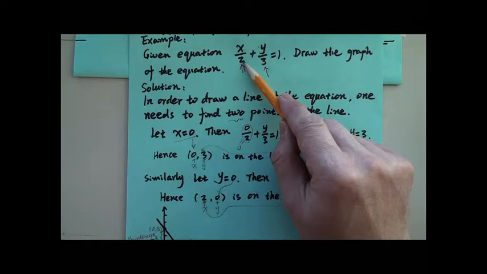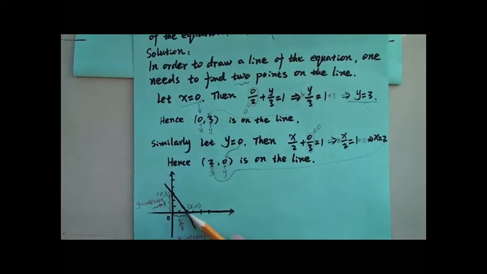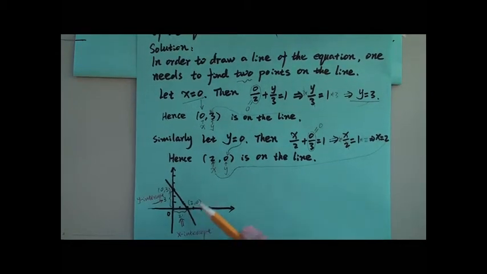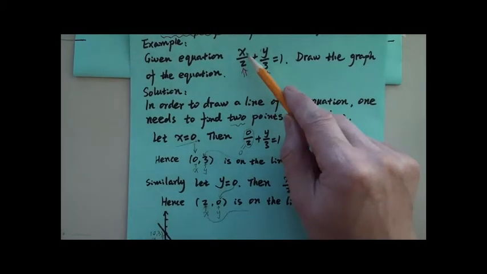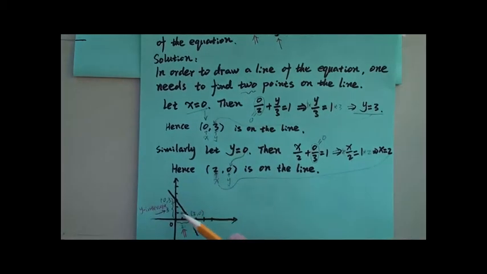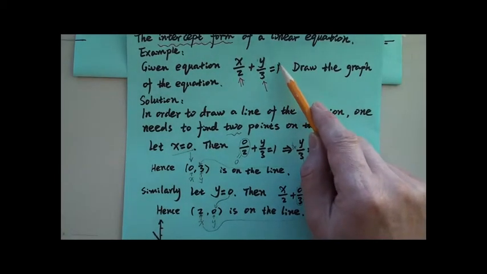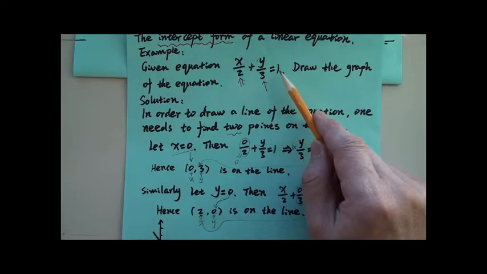This 2 you just need to mark on the x-axis. So this will be the x-intercept from here, and this 3 for y is from here. But make sure the right side is 1. If it is not 1, then we are in trouble.